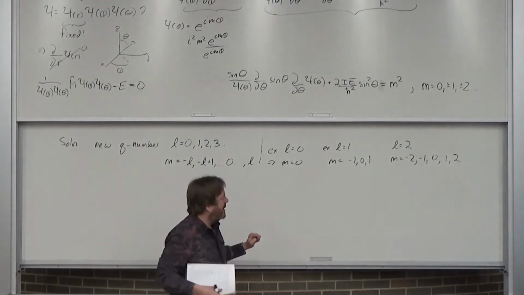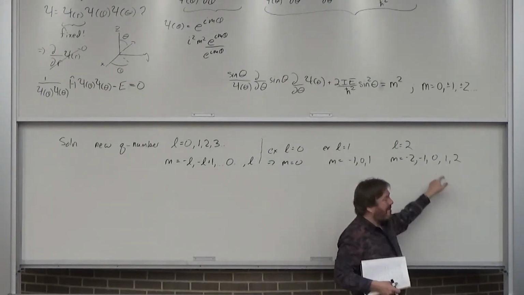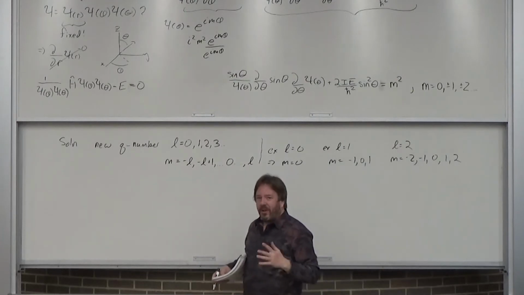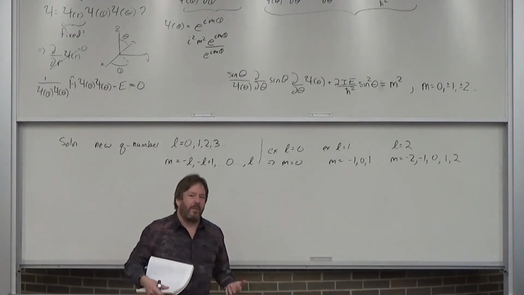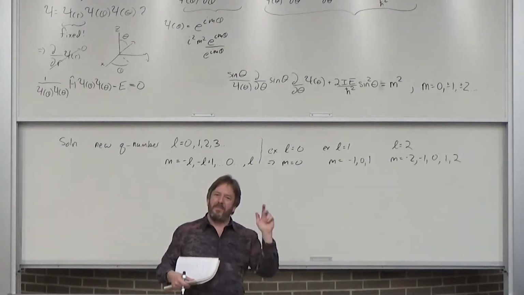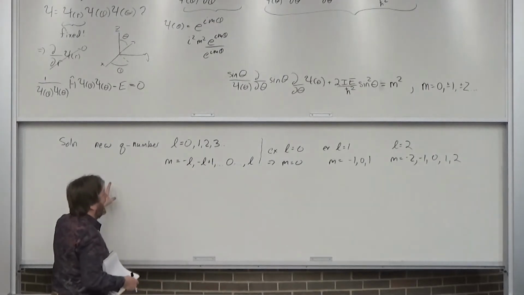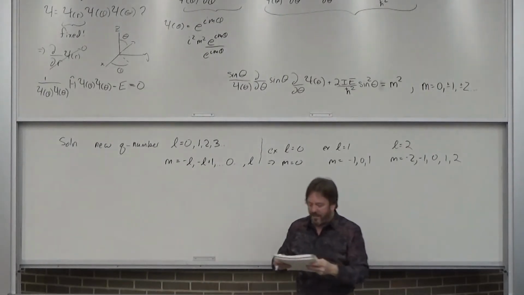I already forgot. L of 2, what's that? That's a D state. There are 5 D states, right? It's all looking familiar now? Dx squared minus y squared, dz squared, xy, yz, something, something. I don't remember the 5th. So anyway, I hope this looks familiar. We've got that under our belt.